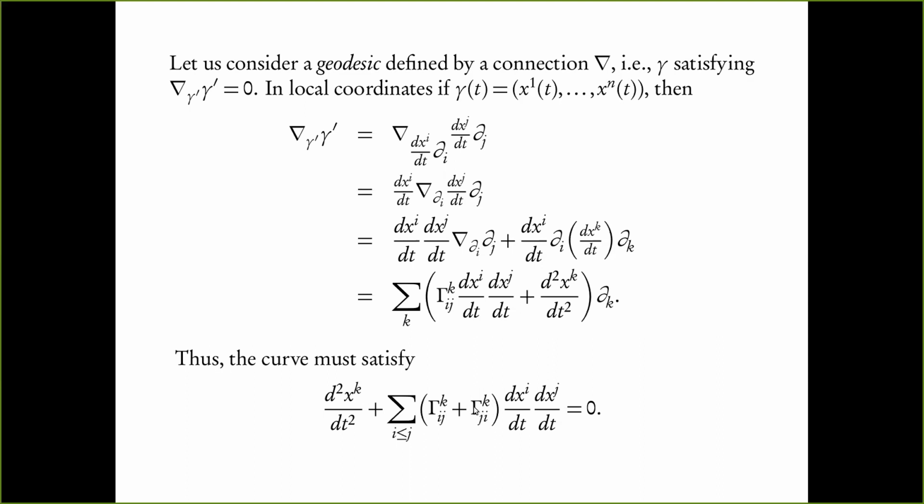When you add them both up, you get back the old sum because these two things commute. And for the I equal to j part, you get gamma k ii plus gamma k ii over 2, which is just gamma k ii, and there's only one such term. I really should have divided by 2 and put the symmetrization here. I think that works, and the summation is over all I and j.